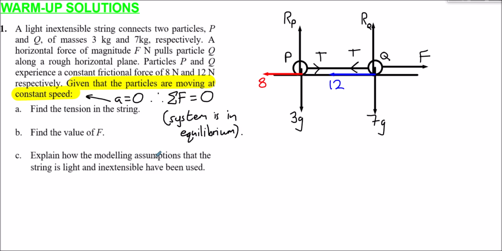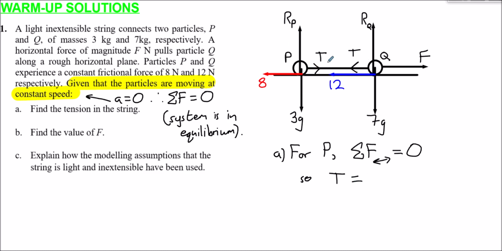So for tension in the string, we can consider either P or Q. So for part a, I'm going to suggest that we consider particle P. So for P, we can think of forces going horizontally. For the sum of the forces going horizontally, it'll be 0, because like we said, the system's in equilibrium. So the forces acting to the right are the tension, and nothing else, just the tension.